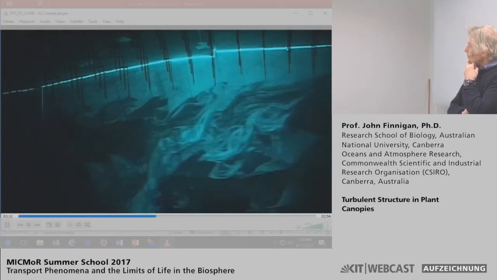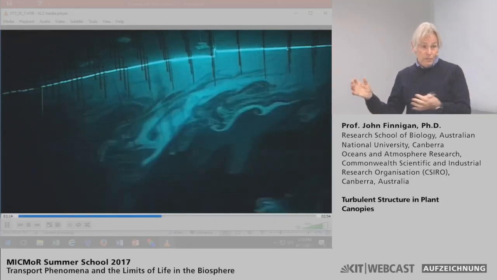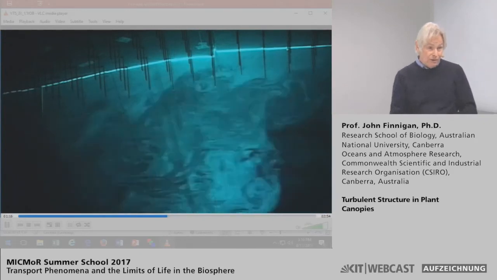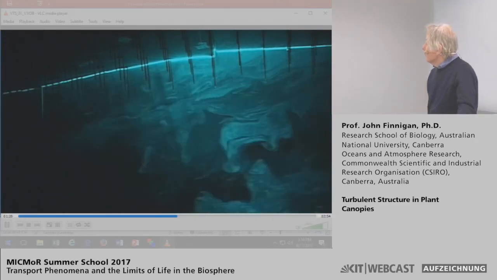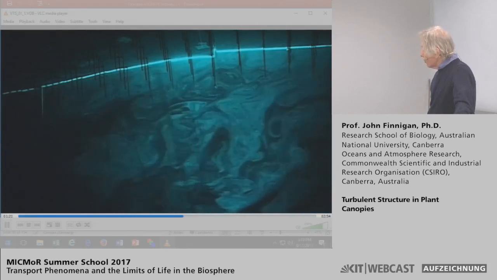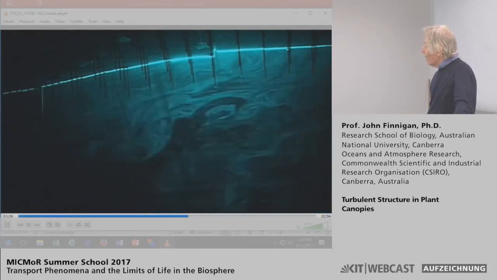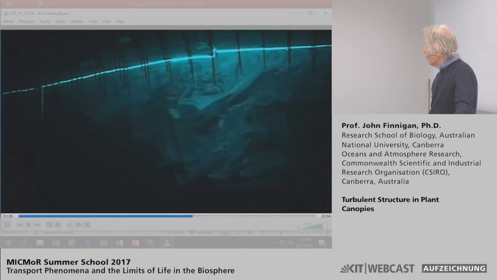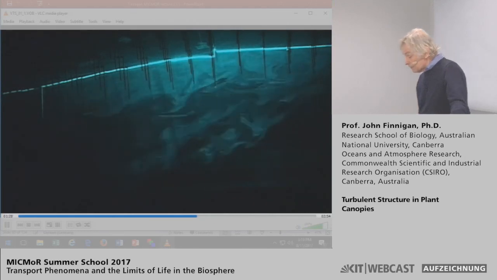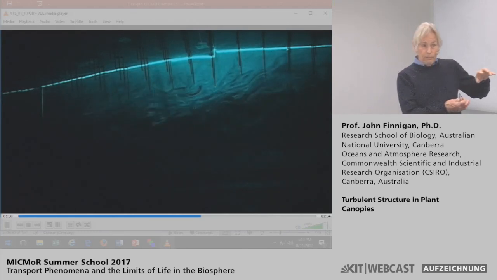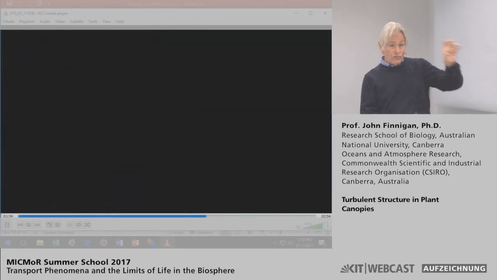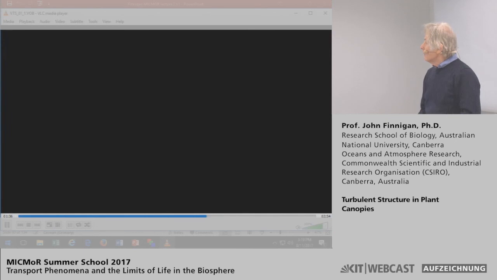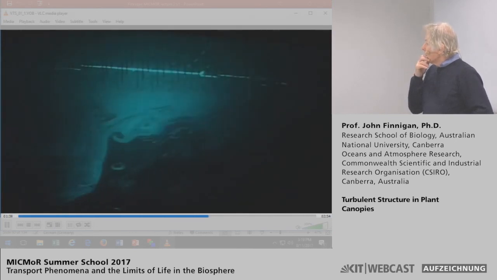So this was, remember, a very open canopy. The wind has no problem getting in there. It's just that the balance of forces within the canopy is such that there's very poor average coupling between the flow above and the flow within. So the flow within, because it's buoyantly stable, it's sort of heavy and it's trying to go downhill, and that's what it does.